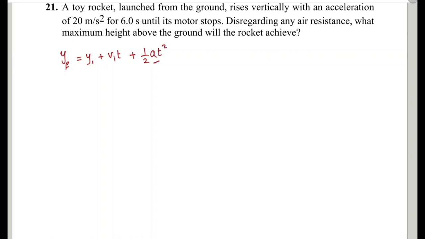Now it's a, it's not g, because it's not a free falling object. Starting from origin and from rest, both are 0, so half times the acceleration 20, and the time is 6 seconds, so 6 squared is 36. So y final equal to 360 meters.